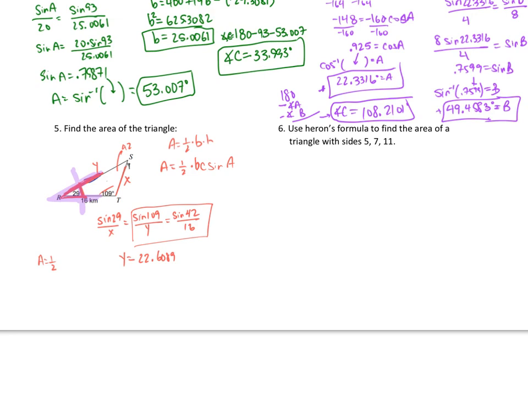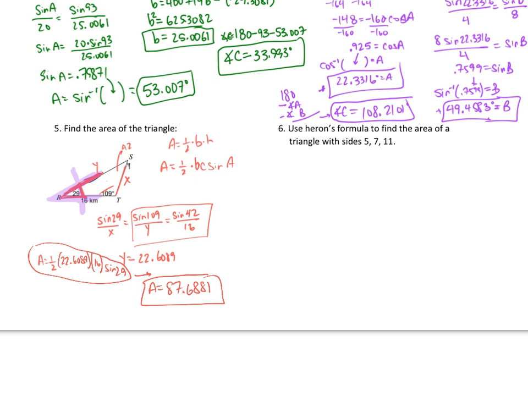So over here, it's going to be 1/2, and we're going to say y, which is 22.6089, times 16 times the sine of 29. So that's my area formula. Let's finish that off. Putting all those into my calculator, the area comes out to 87.6881 for that triangle.